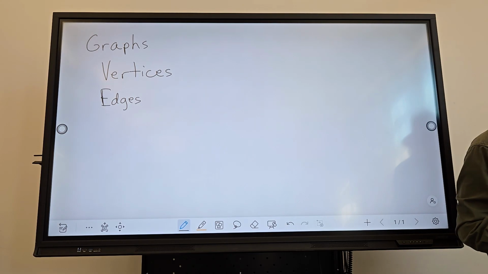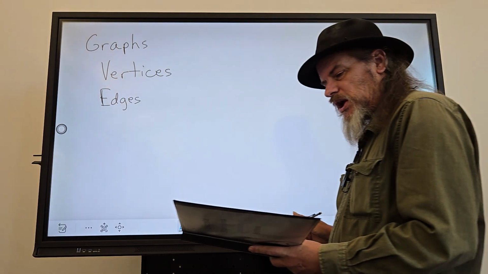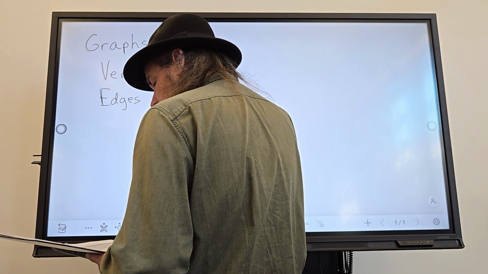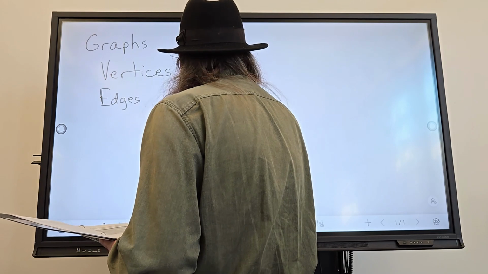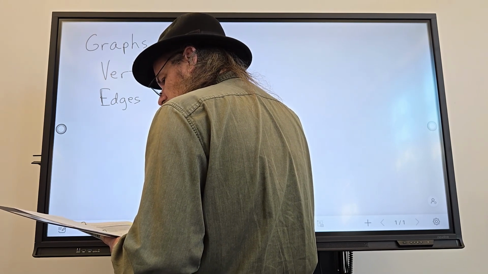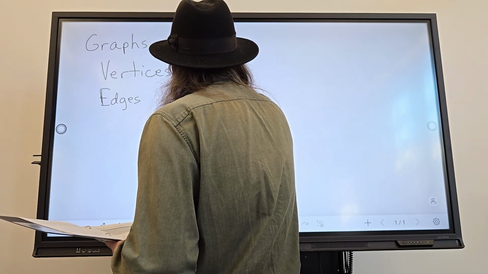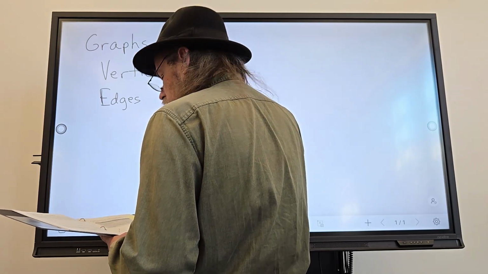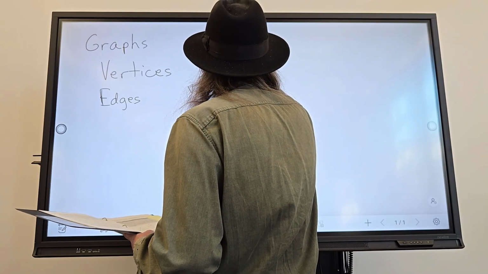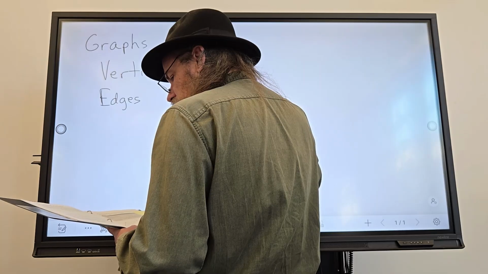So, here is a graph for an example. You've got V1, V2, V3, and V4.